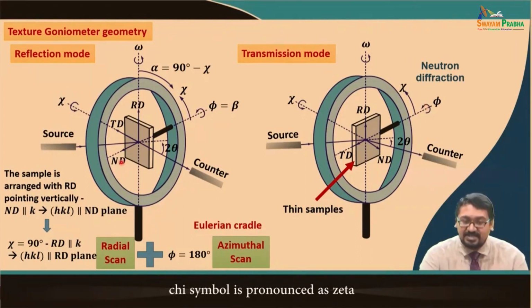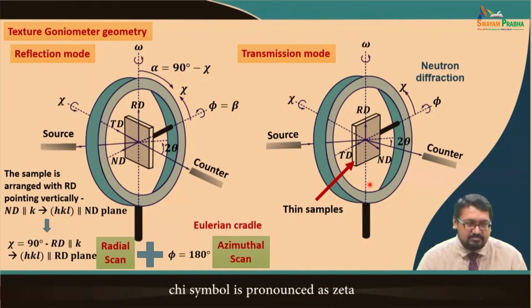Earlier in case of the reflection case, it was done along ND, and the zeta rotation which was earlier along TD is now basically along the ND. So, there are subtle geometrical differences between the reflection mode and the transmission mode, and based upon that one can easily calculate the changes that occur, and can calculate for the transmission mode the alpha and beta.